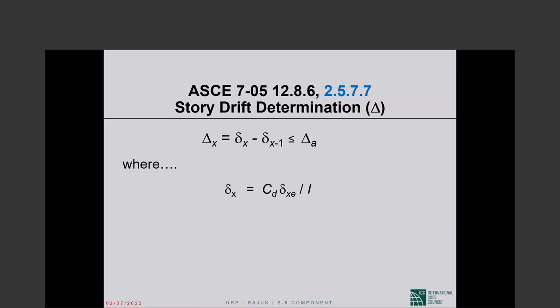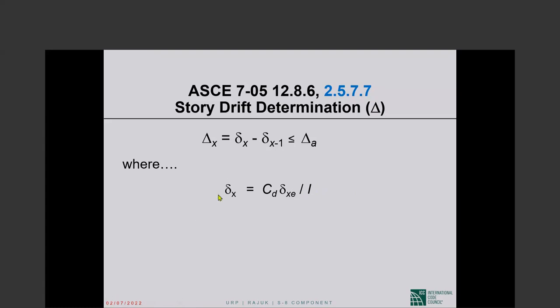And we should not penalize a hospital twice, once by instituting a tighter drift limit, and the second time by using an I factor of 1, and thereby increasing the forces under which we are calculating the drifts. So we take I out of the picture. Delta sub x is C sub D times delta sub xc divided by I.